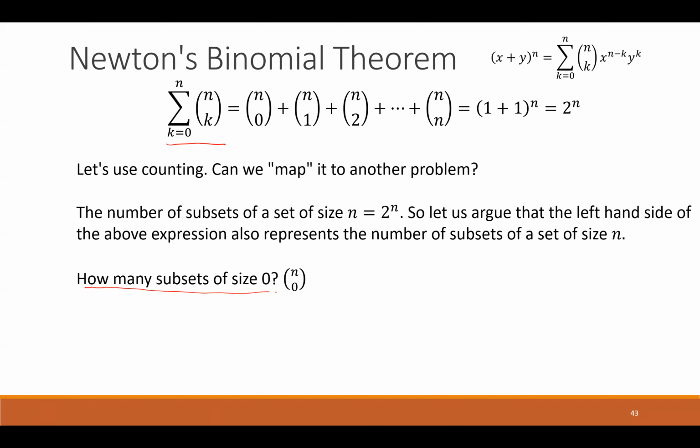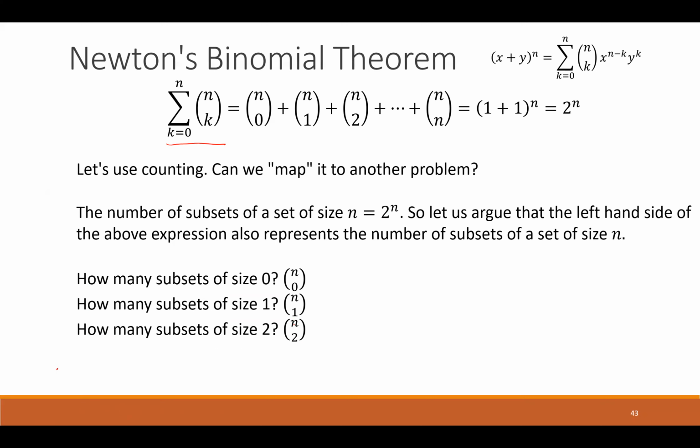So how many subsets of size 0 are there in a set of size n? Well, there's n choose 0. And then I want all the subsets of size 1. Well, there's n choose 1. All the subsets of size 2, there's n choose 2. And I can go through all of the possible numbers until I find all the subsets of size n, there's n choose n.